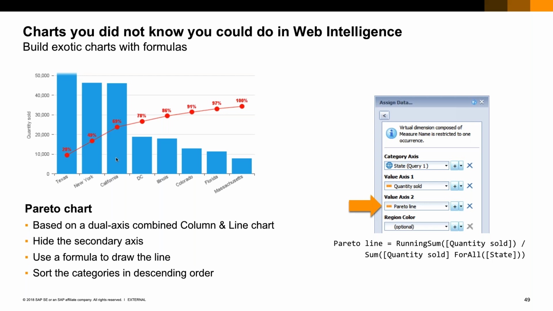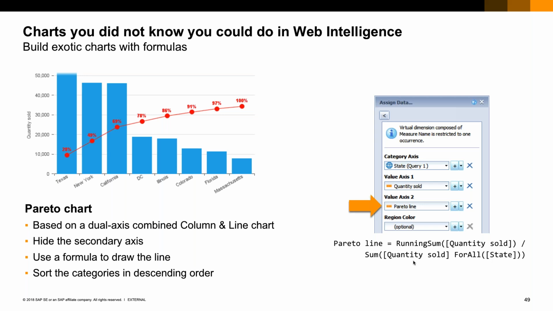So the Pareto chart is based on a dual axis combined column and line chart. What you're going to do to build that Pareto chart is hide the secondary axis, which is usually on the right hand side, and that's the axis for the line here, and then use a formula to draw a line. The formula is fairly easy.